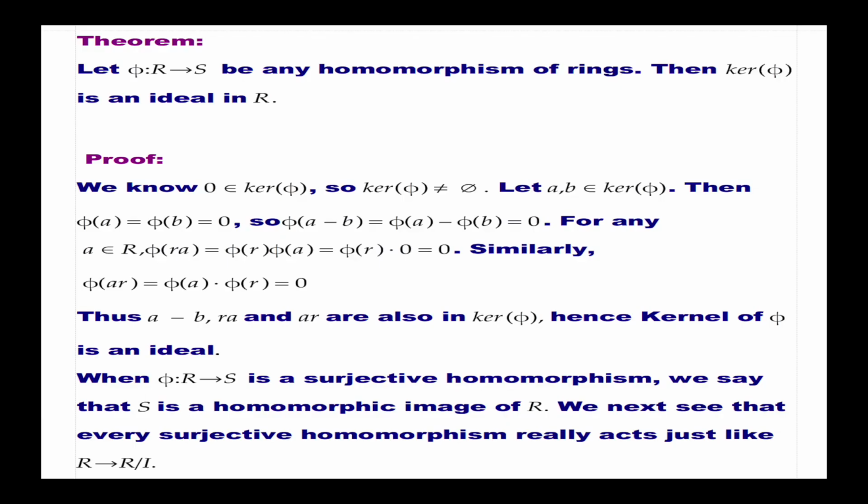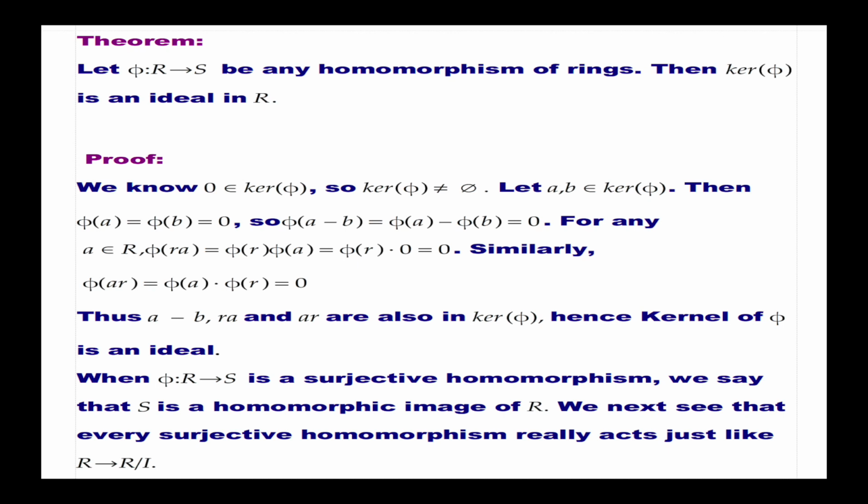We can generalize this idea of ideals and kernels to any ring homomorphism. The statement of the next theorem is, let phi from R to S be any homomorphism of rings. Then kernel of phi is an ideal in R. Proof of this theorem: we know 0 belongs to kernel of phi. So, kernel of phi is non-empty. Let A and B belong to kernel of phi.